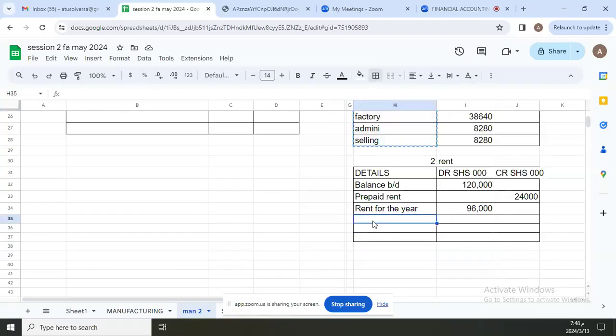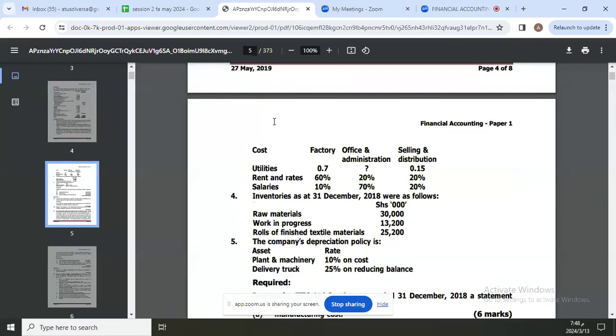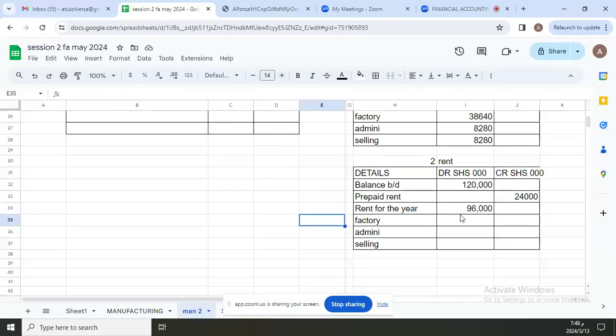Let's see the question, what it says about rent. They are saying that factory takes 60%, 20%, 20%.